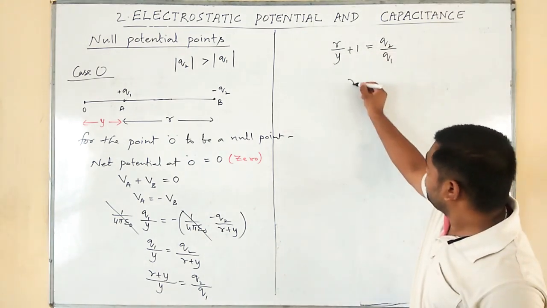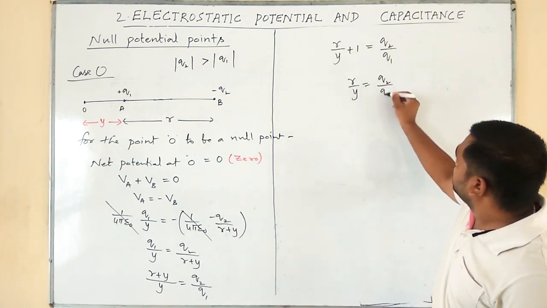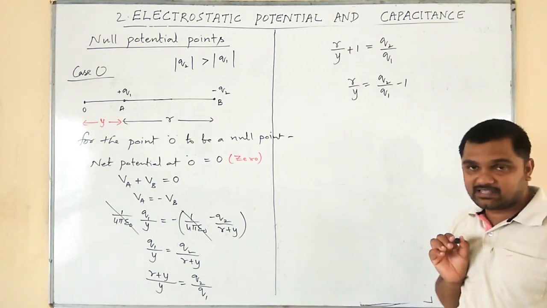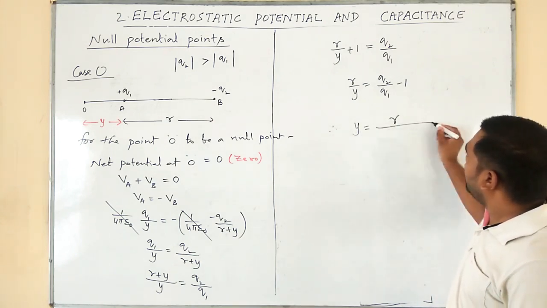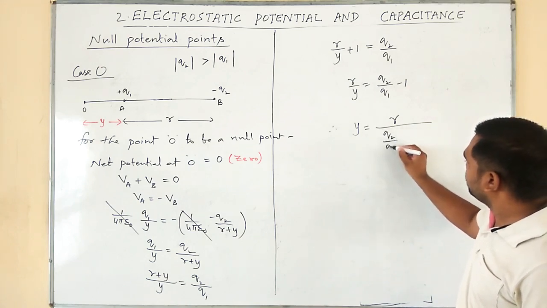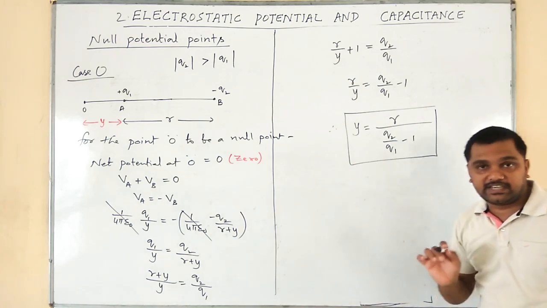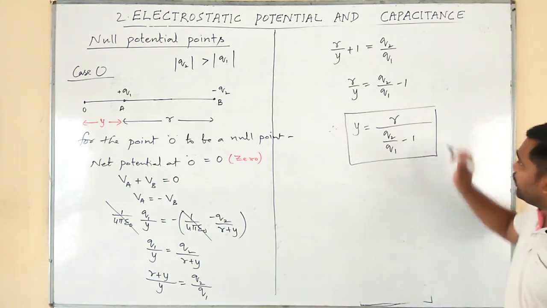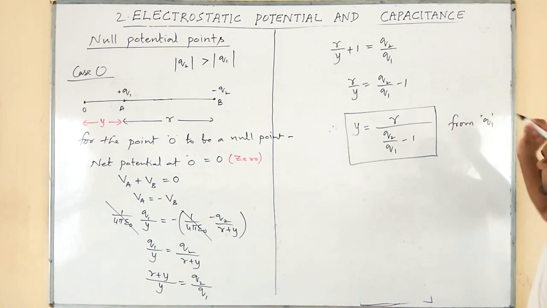Next, R divided by Y is equal to Q2 divided by Q1 minus 1. Therefore, finally, Y is equal to R divided by (Q2 divided by Q1 minus 1). This is the expression for the second null point, and we have measured it from the same charge, that is Q1, like this.